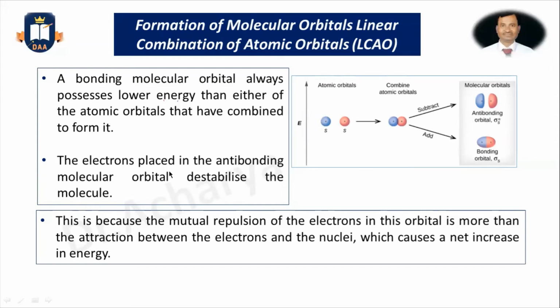But an electron placed in the antibonding orbital destabilizes the molecule, and the energy of the antibonding orbital is always higher than that of the participating atoms.